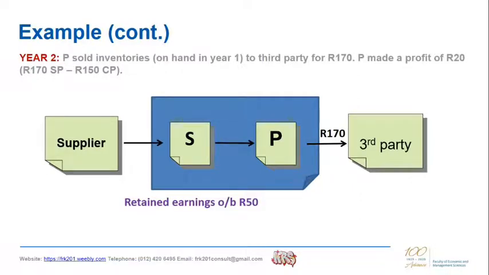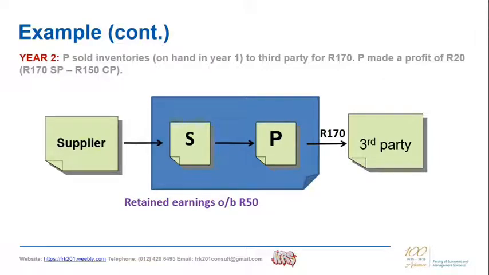In the trial balance of ACE, the 50 Rand profit made by selling the inventories to P in the prior year has now moved to the retained earnings opening balance of ACE.